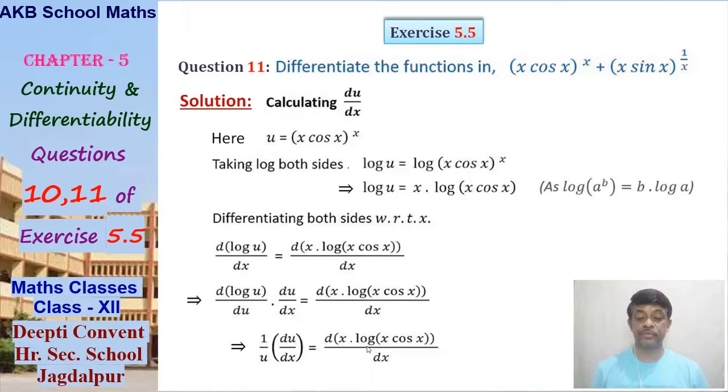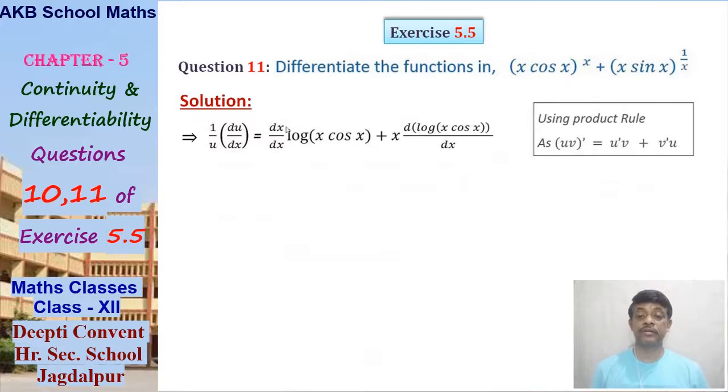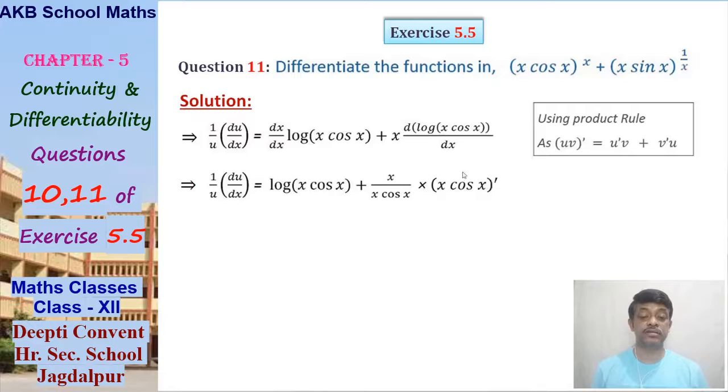So using the product rule, (uv) dash equal to u dash v plus v dash u. Okay. Now here dx by dx is 1, times log (x cos x), plus x into the derivative of log, that is 1 upon x cos x, and the derivative of x cos x.